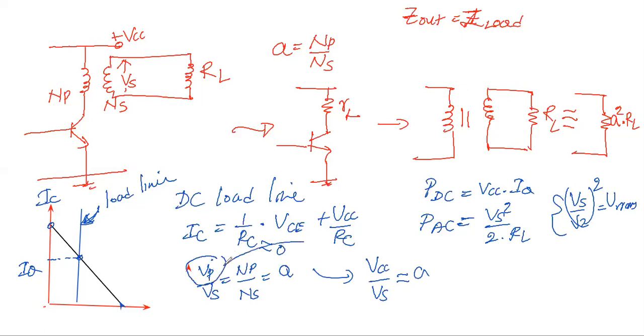Therefore, Vs equals VCC divided by A by using this relationship.